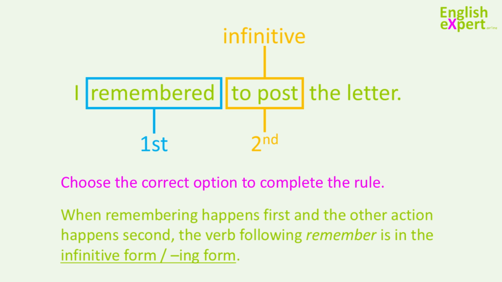When remembering happens first and the other action happens second, the verb following remember is in the infinitive form or the ing form. What do you think? When remembering happens first and the other action happens second, the verb following remember is in the infinitive form.